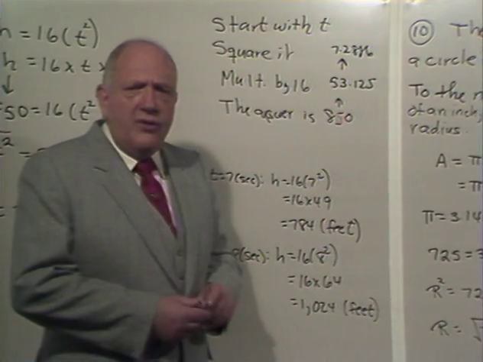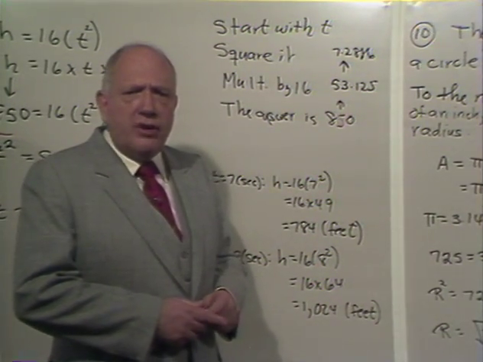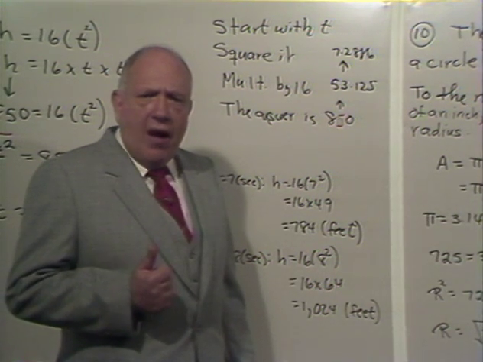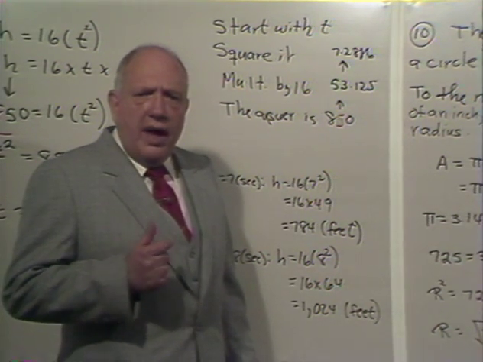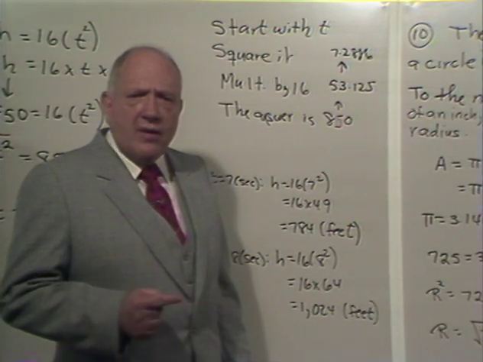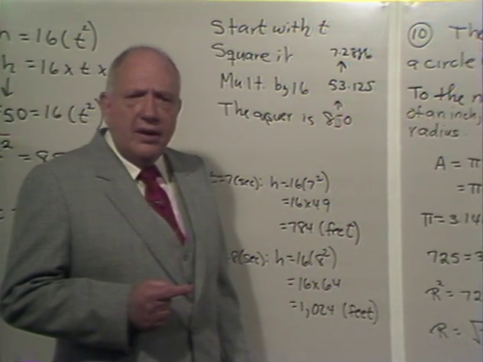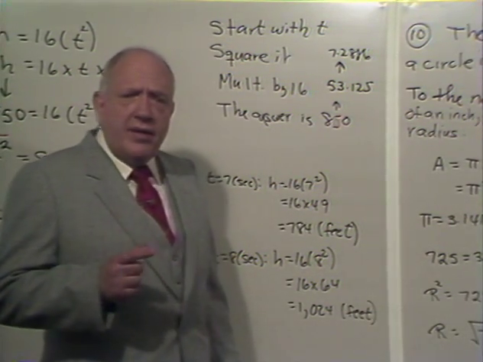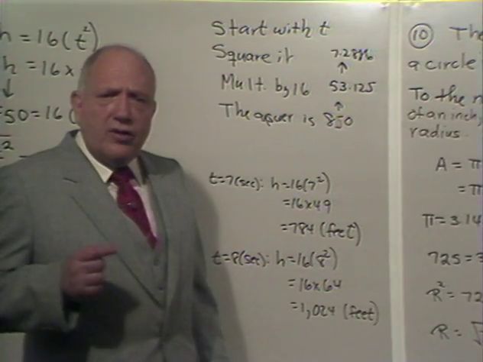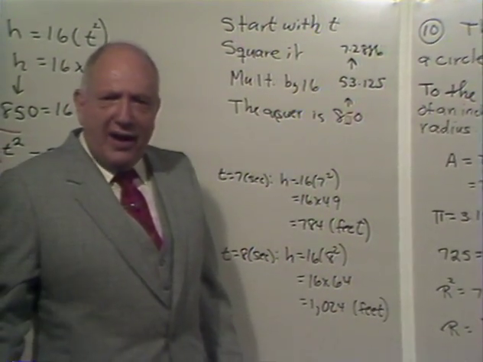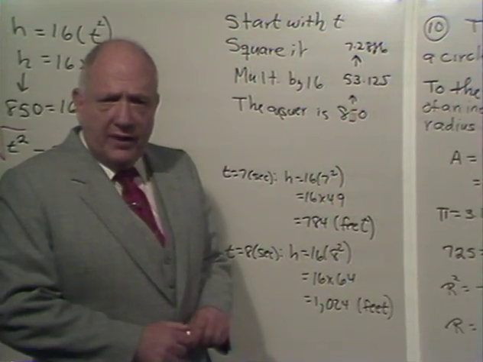And by the way, whenever you're in doubt, you should be able to check the answer. What does the answer to this problem mean? It says that according to the rule h equals 16t squared, the object falls 850 feet somewhere around a little over 7 seconds. So at 7 seconds, it shouldn't have fallen 850 feet yet, and at 8 seconds, it should have already fallen more than 850 feet.